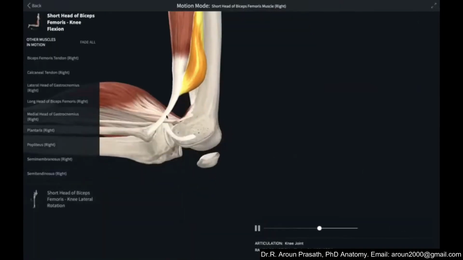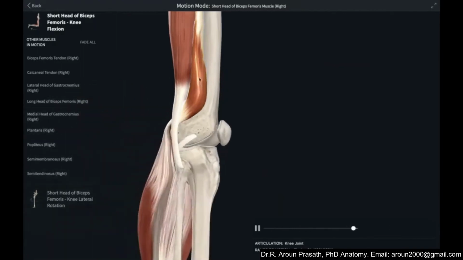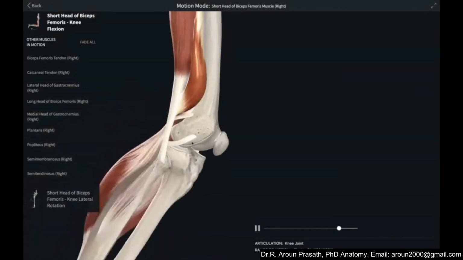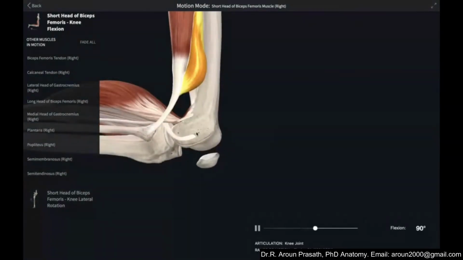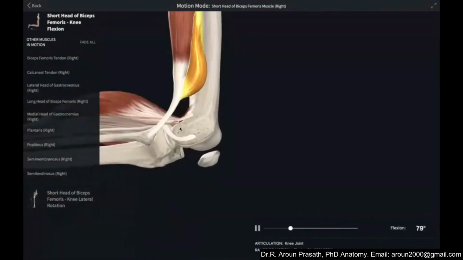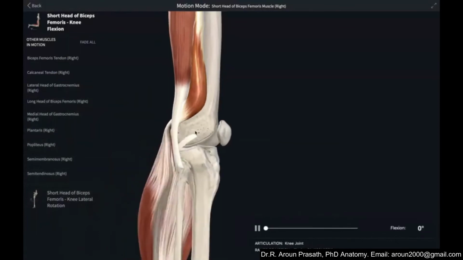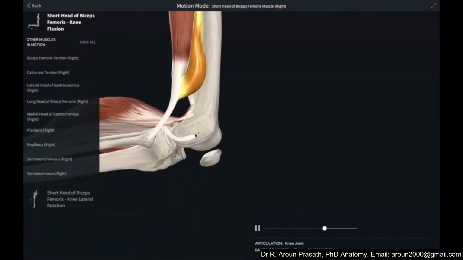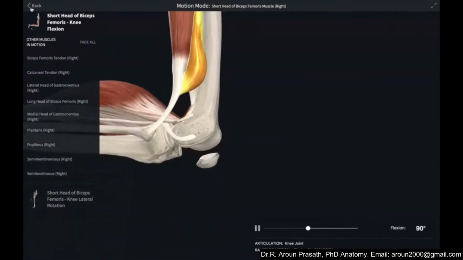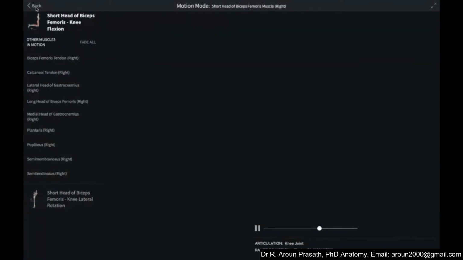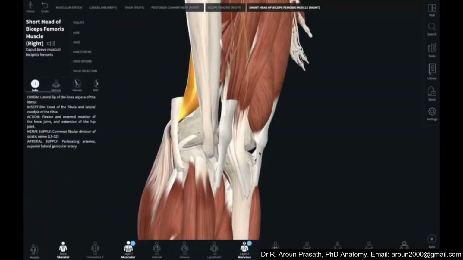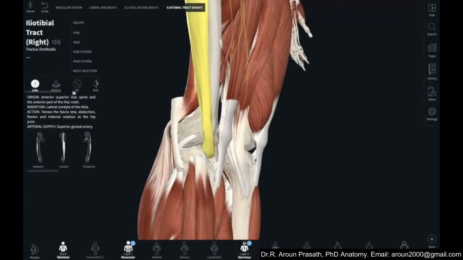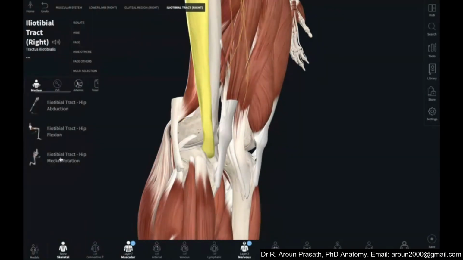When the knee is flexing, that IT band, the iliotibial band, is passing through this. So this iliotibial band has continuous friction with this tubercle, and it causes a severe amount of pain, especially for the people who are jogging daily. We call them athletes.